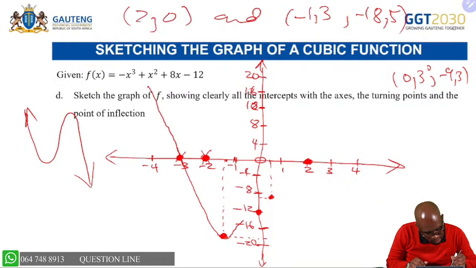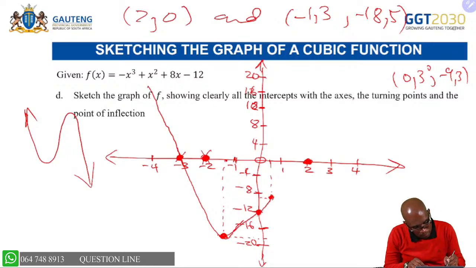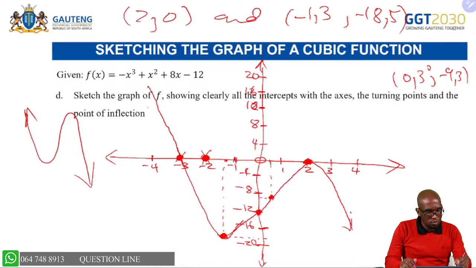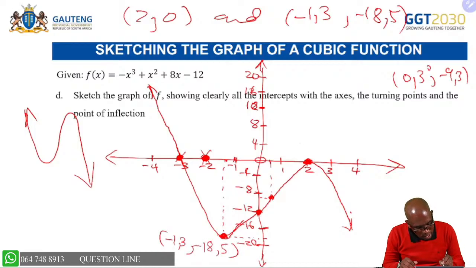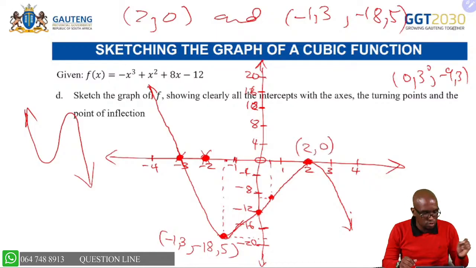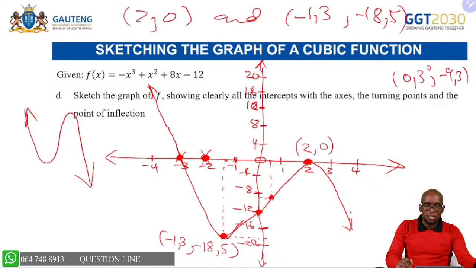It intersects here at minus 12, changes concavity here, and then turns at 2, forms a tangent there, and that would be my completed function. So the coordinates of the turning points are minus 1.3, minus 18.5, and then 2, 0. So that would be the graph here.